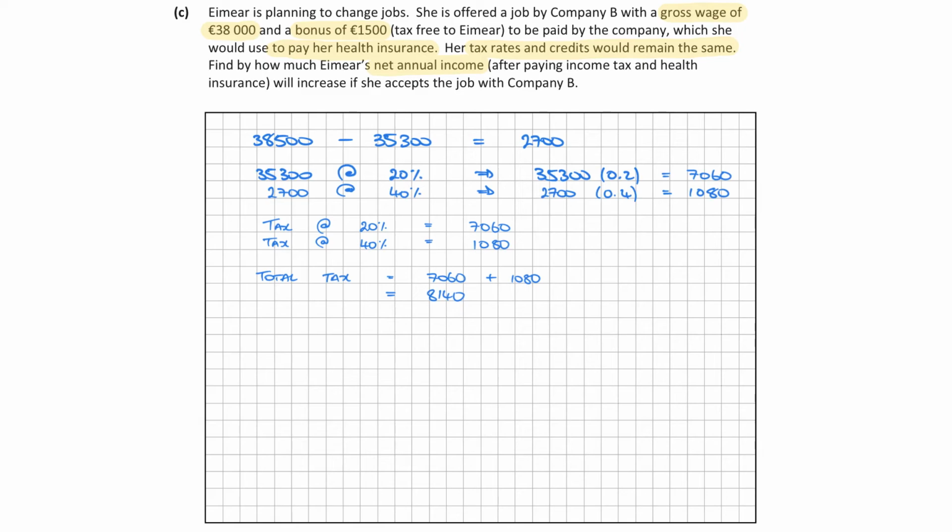But we know she gets a tax credit, and the tax credit's of 1,650. So her tax payable will be equal to her total tax minus her tax credit.